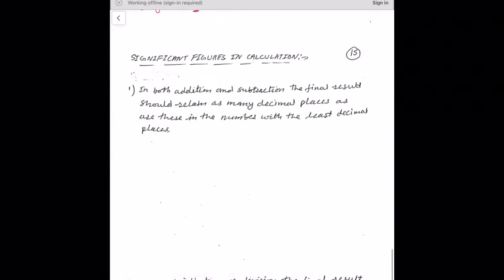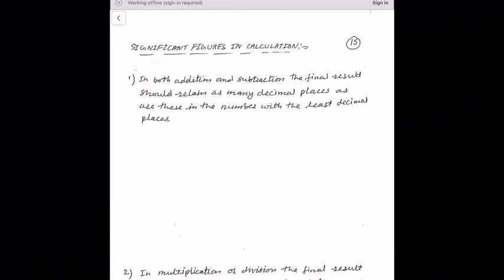Next, significant figures in calculation. In most experiments, the observations of various measurements are to be combined mathematically, that is, added, subtracted, multiplied, or divided to achieve the final result.